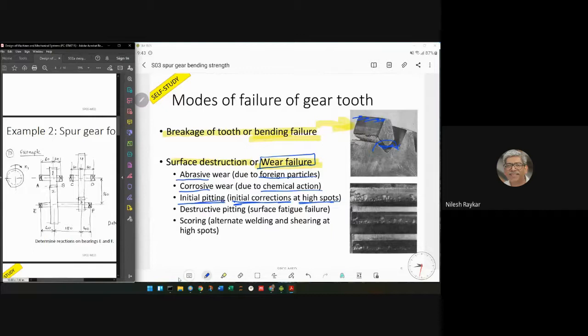That is the initial pitting. Destructive pitting is something which we will be designing the gear for. Since the surface is constantly rubbing, after a certain number of cycles there will be initiation of cracks on the surface. That is known as surface fatigue failure. So the calculations we'll be doing are essentially to avoid this surface fatigue failure.